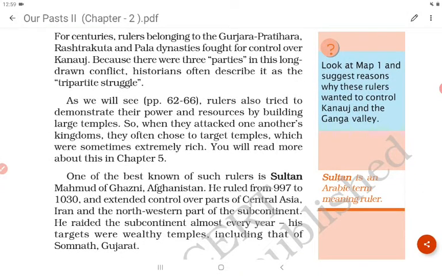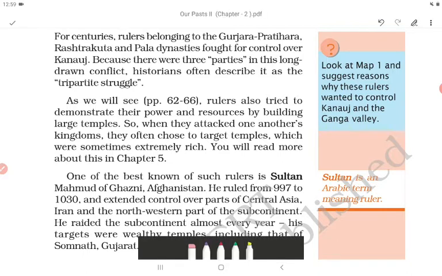For centuries, rulers belonging to the Gurjara Pratihara, Rashtrakuta, and Pala dynasties fought for control over Kannauj. Because there were three parties in this long drawn conflict, historians often describe it as the tripartite struggle. It would be Gurjara Pratihara, number 2 Rashtrakuta, number 3 Pala.